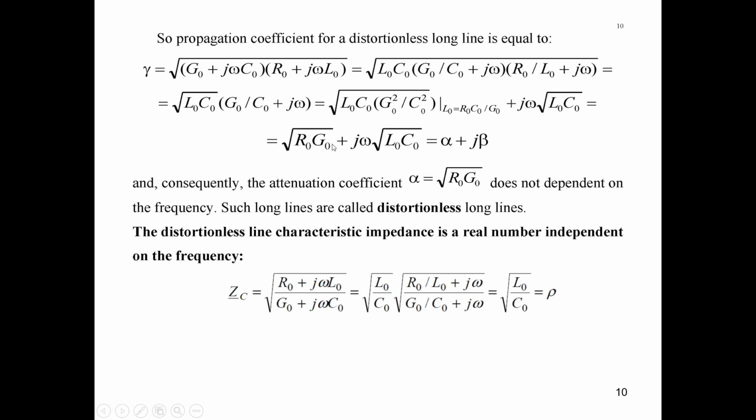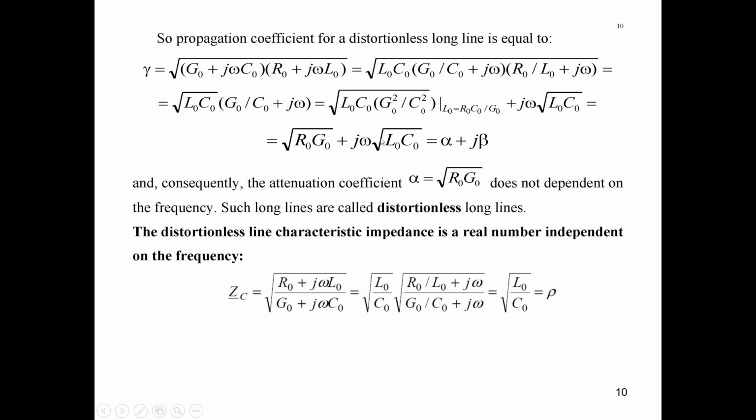It will be R0 under the square root, and G0 in the first degree, because G0 and G0 will be cancelled, and this C0 squared will be cancelled with this C0. So we will have only the square root of R0 G0.